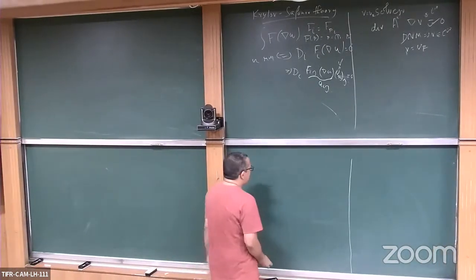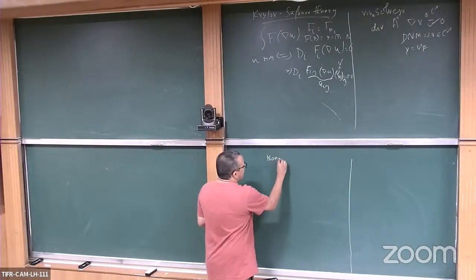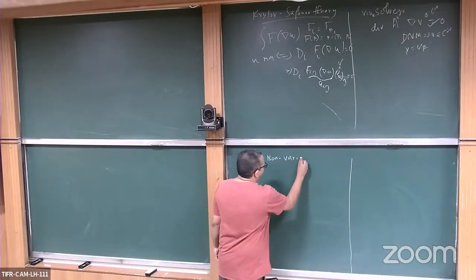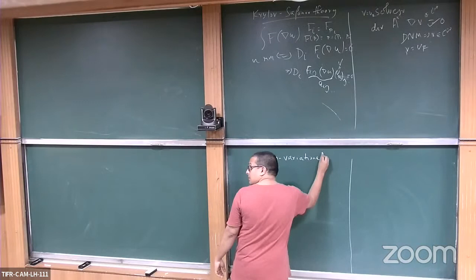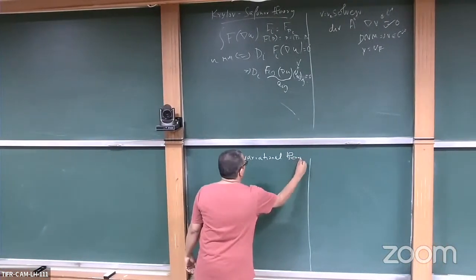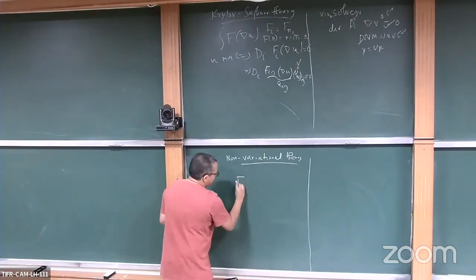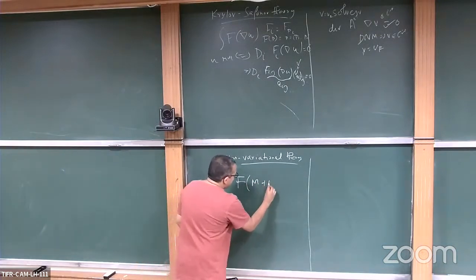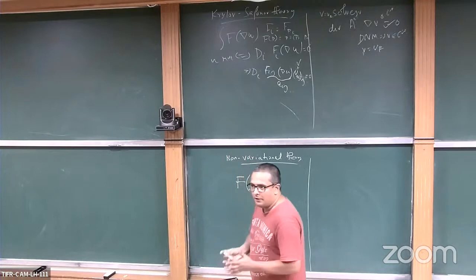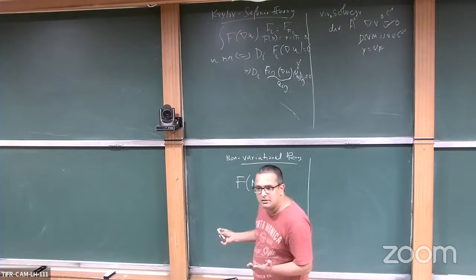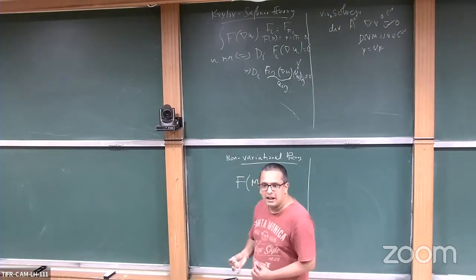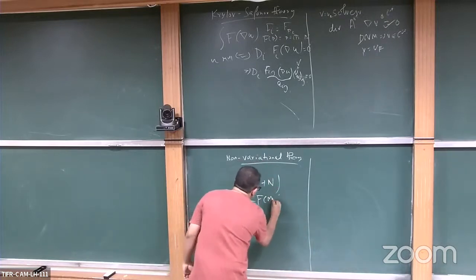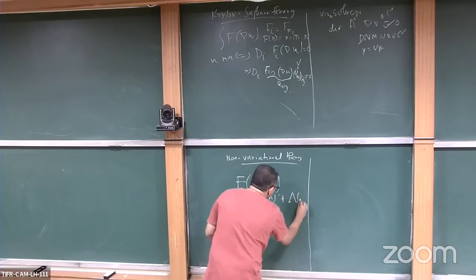The non-variational theory is the non-divergence counterpart of the De Giorgi-Nash-Moser theory. So I start with F, an operator on matrices, such that it is strictly positive on the cone of positive definite matrices with some quantitative parameters, that is, this is less than or equal to F of M plus some big Lambda, which are the ellipticity parameters.